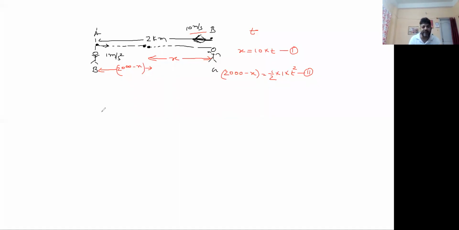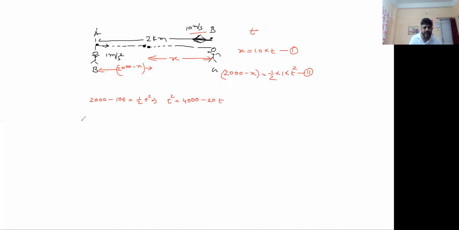So now see, from equation 1 and 2, I can easily put the value 2000 minus, instead of x, I can put 10t equals to half t square, which means t square is equal to 4000 minus 20t.